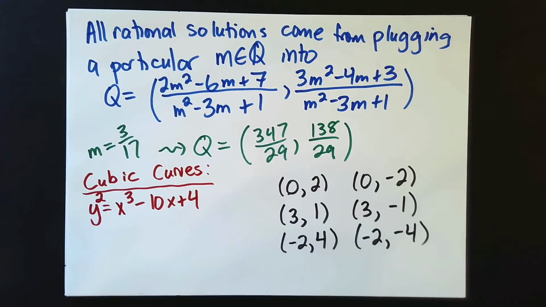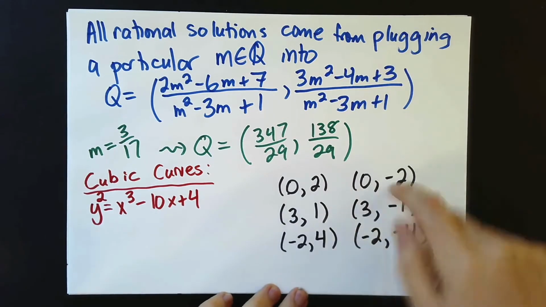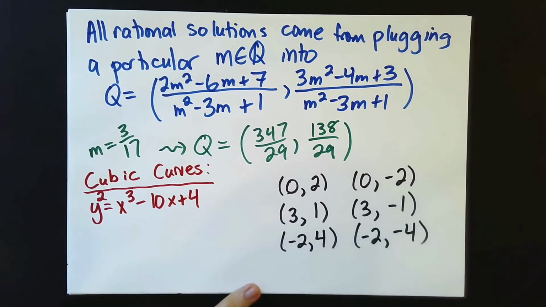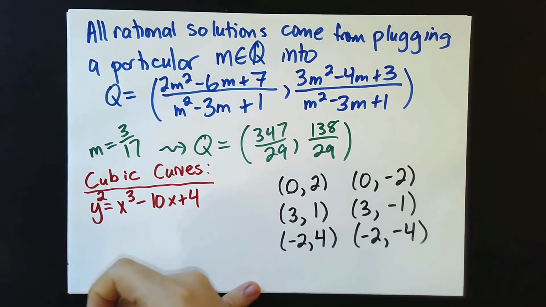So just by looking at this curve, you can find a handful of points, but you're going to pretty rapidly run out of points that you can find just by guessing coordinates. But on a cubic curve, one thing we can do is any 2 points we already have, we can draw a line through, and that line should intersect the curve in a third point.